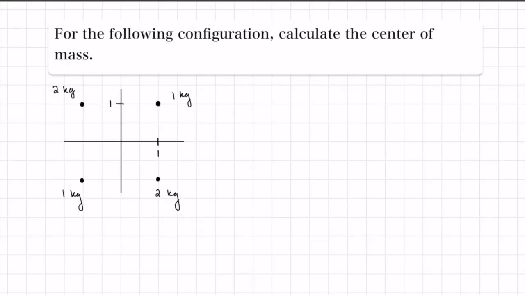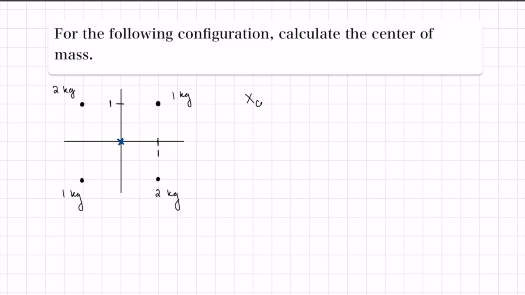For the following configuration, calculate the center of mass. So this is the same configuration as in the first example. I didn't specify here, but we're just going to be taking the center of mass with respect to the 0, 0 point. Let's write down our center of mass equation.